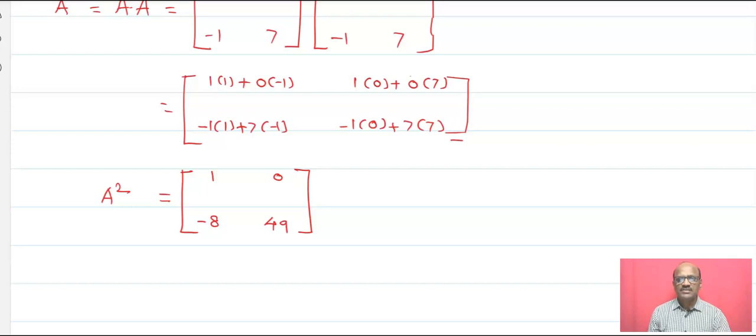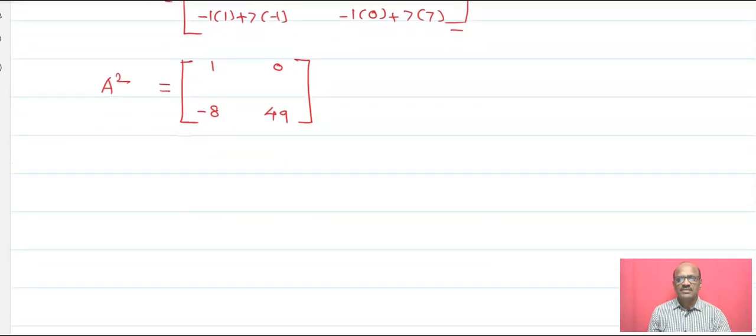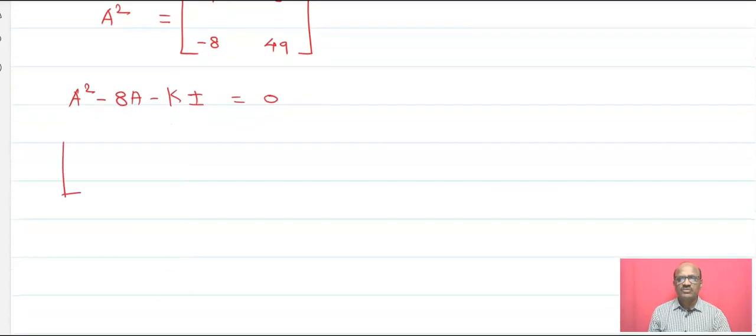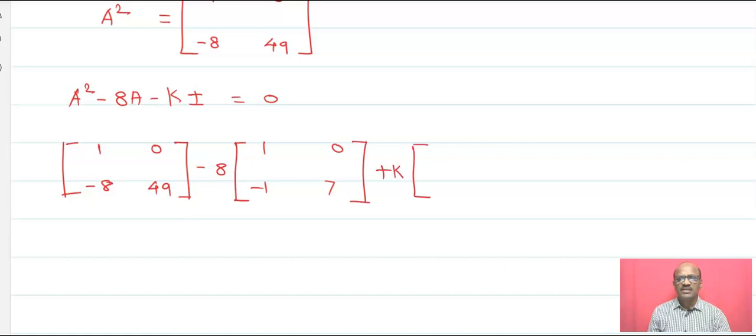Next is A square minus 8A minus KI is equal to 0. The value of A square is 1, 0, minus 8, 49, minus 8, the value of the A, 1, 0, minus 1, 7. There must be minus KI.